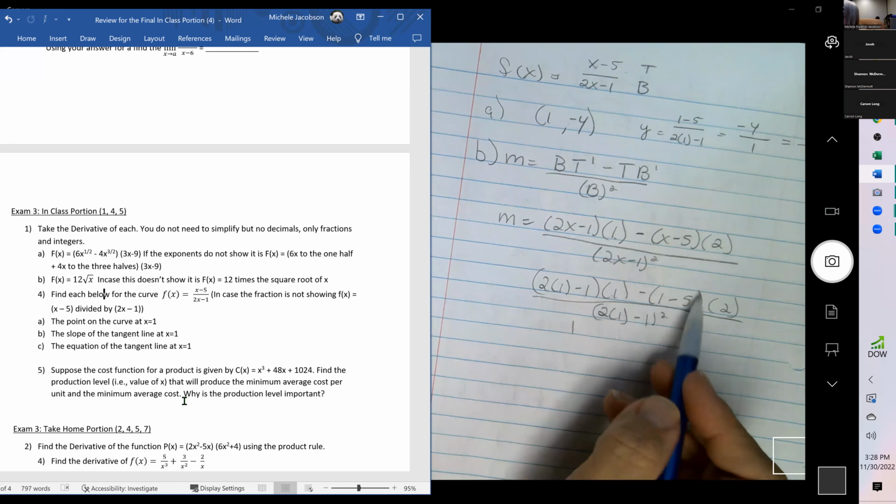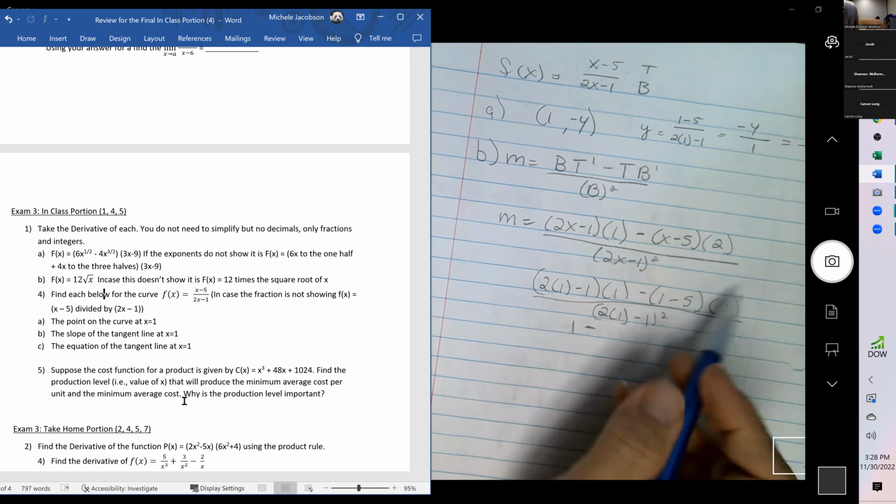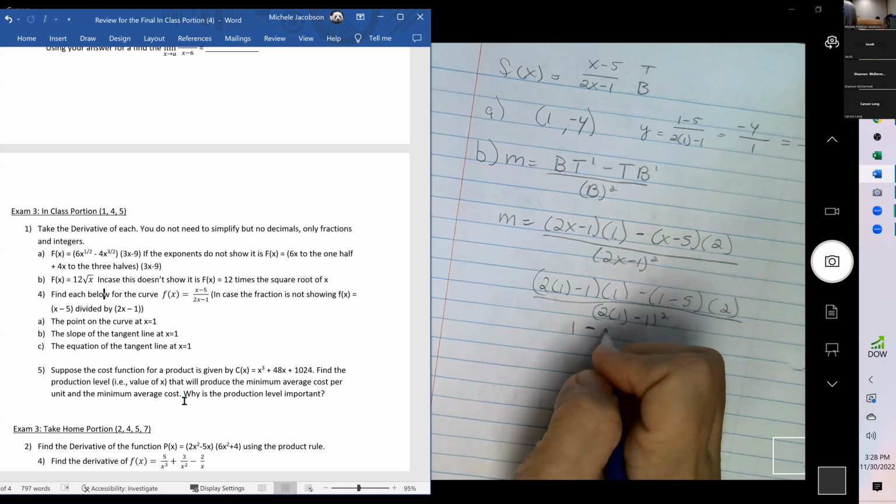This is a negative 4 times 2, negative 8.